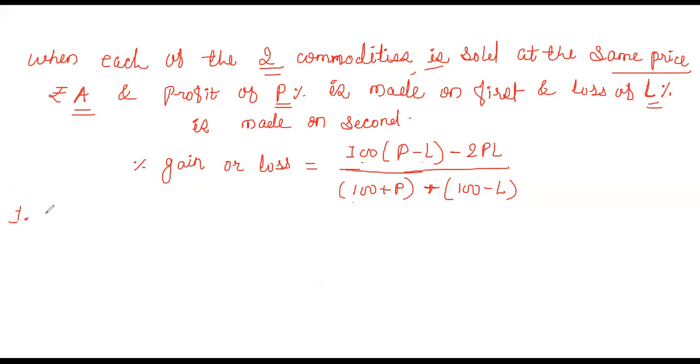A dealer sold 2 TV sets for rupees 7,400 each. On one, he gained 10%, and on the other, he lost 10%.